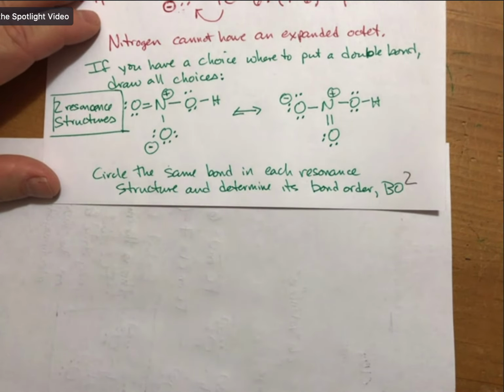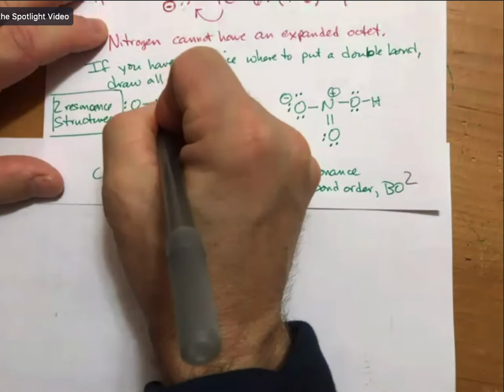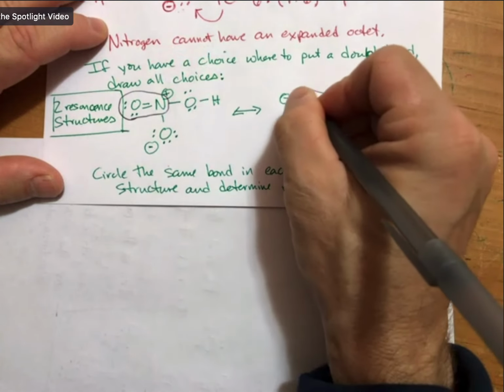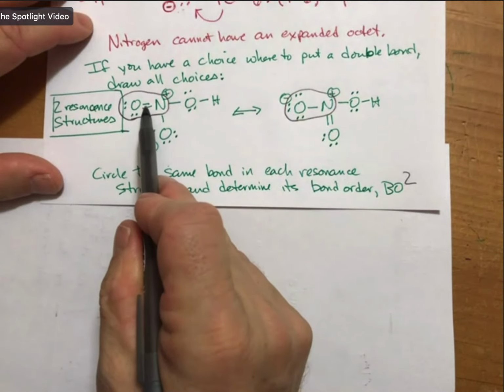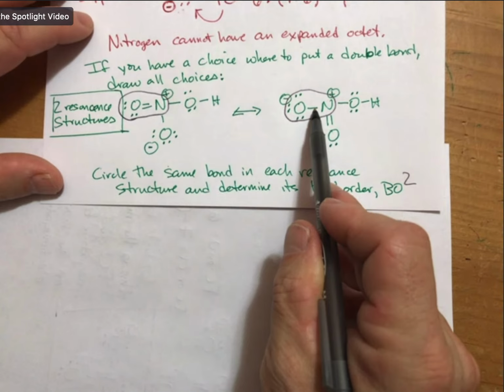So if I circle this bond in both Lewis structures, I can see that I've got a double bond on one side and a single bond on the other.